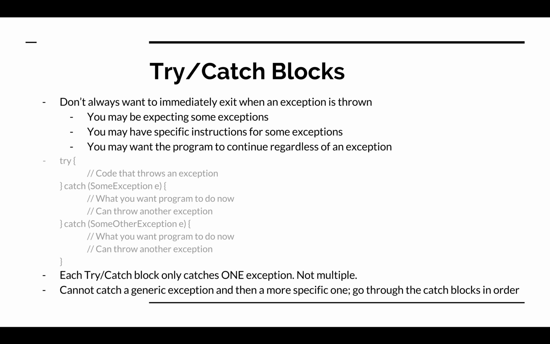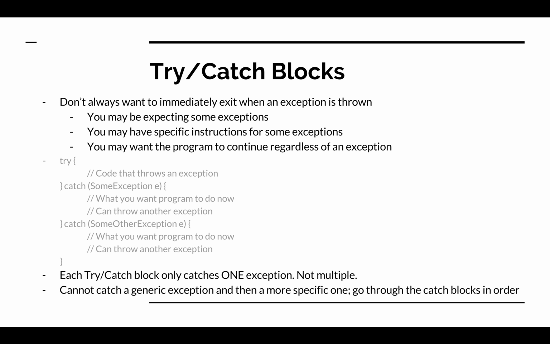Something else important to note is that you can't catch a generic exception and then a more specific one. By that I mean that when we're trying to catch an exception, it will go through the catch blocks in order until it finds one that fits the exception we're dealing with.